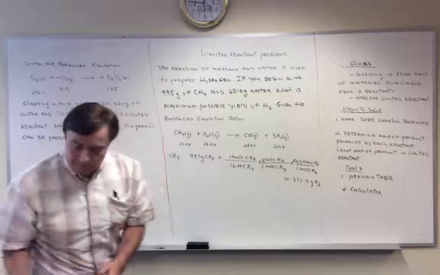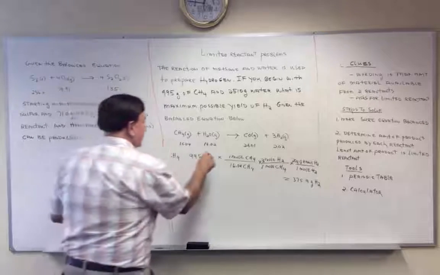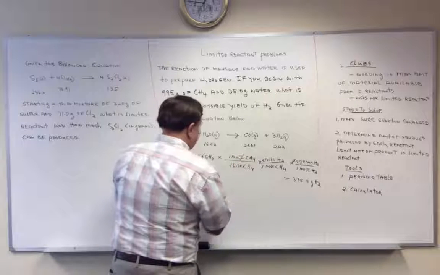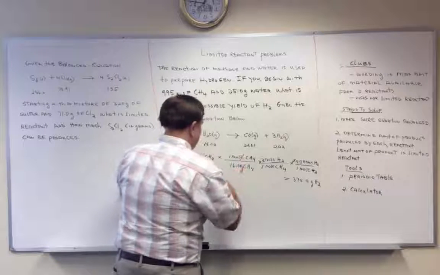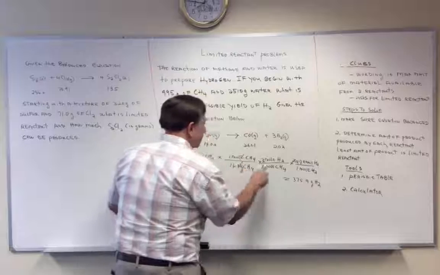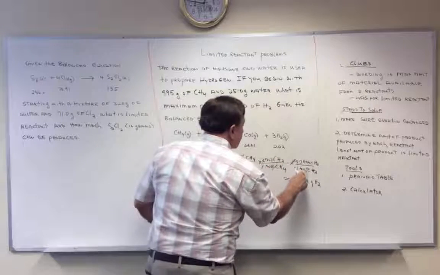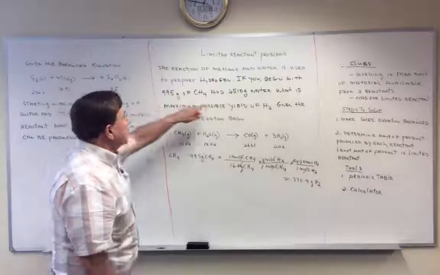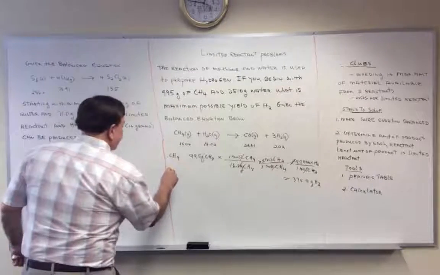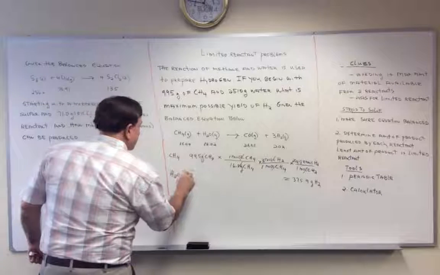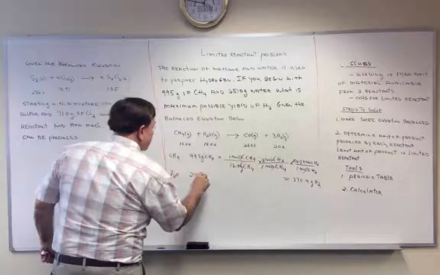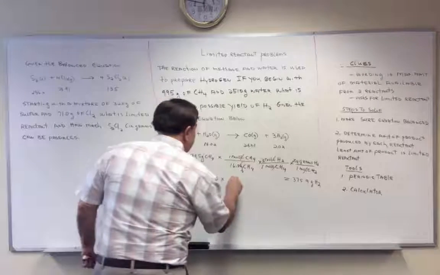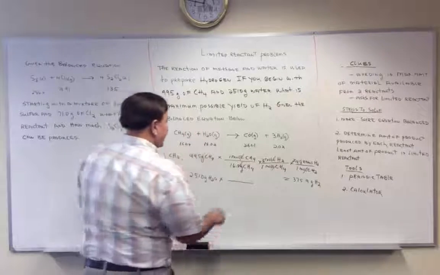Now again, notice how everything cancels out. The units is what we're worrying about. So the final answer is going to be grams of hydrogen. Now we're going to do the same thing for water. We now have 2510 grams of H2O. Again, we want to convert it, and we have the conversion factors right here.